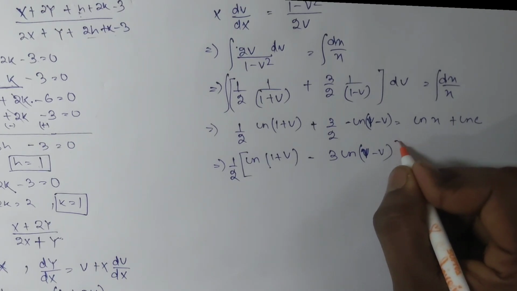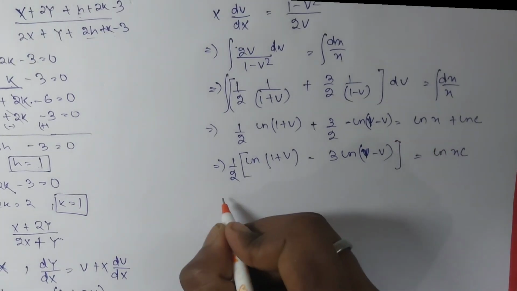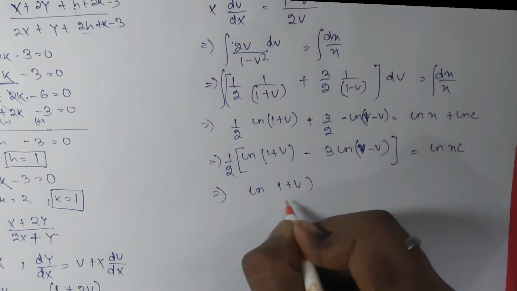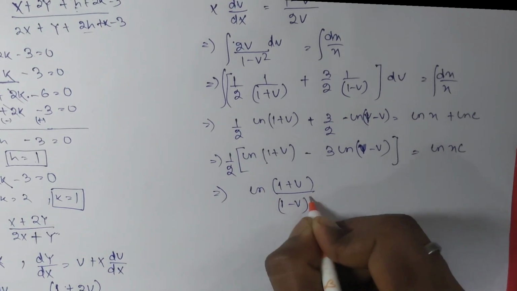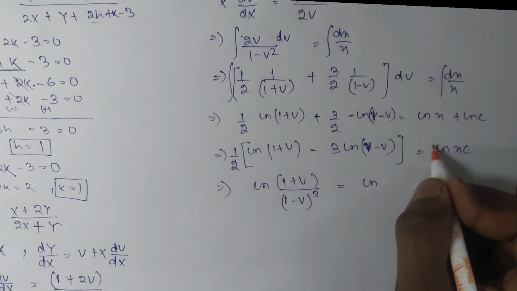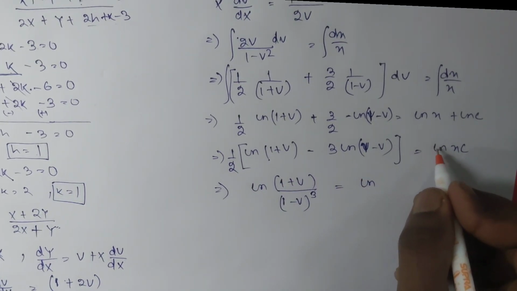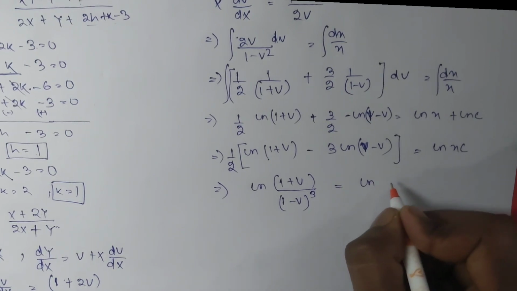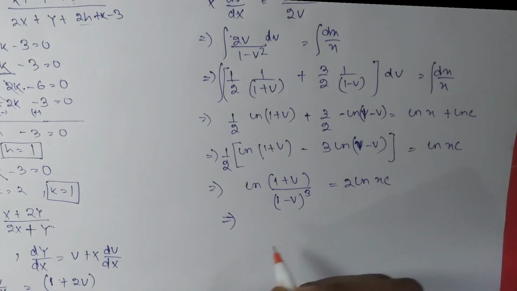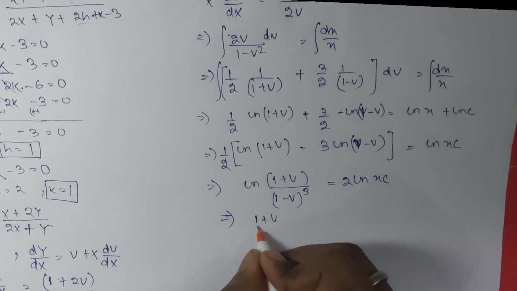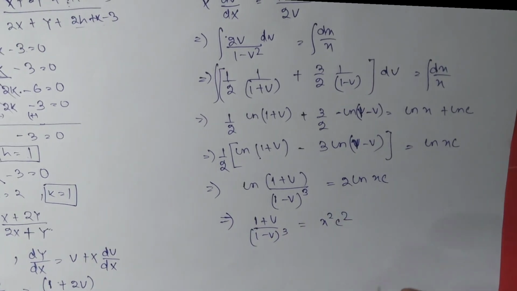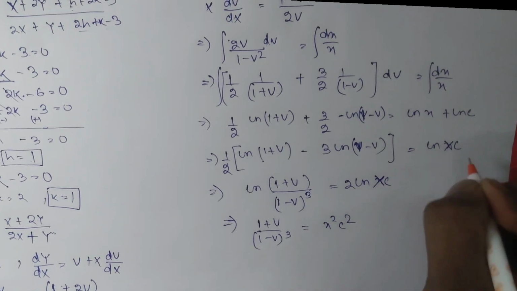Then it becomes ln of 1 plus v by 1 minus v cube equals ln, and here half goes to this side and multiplies, so ln x square c square. If we take out ln from both sides, then it becomes 1 plus v by 1 minus v whole cube equals x square c square. Here x is capital X.